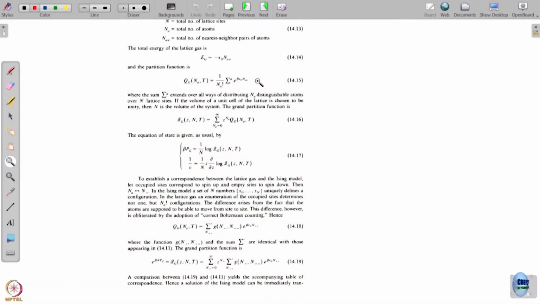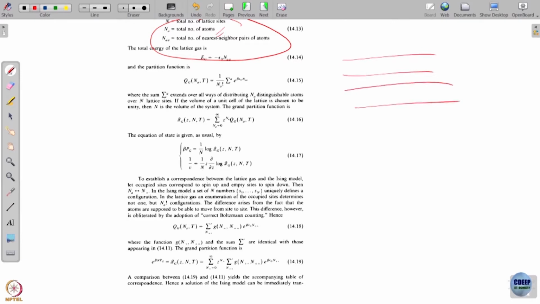So, then again, as you said here, total number of lattice sites, then the total number of atoms that are occupied. So, in this lattice, when they are occupied, that is n plus plus. When they are empty, that is n minus, and the total number of nearest neighbor pairs is n plus plus.